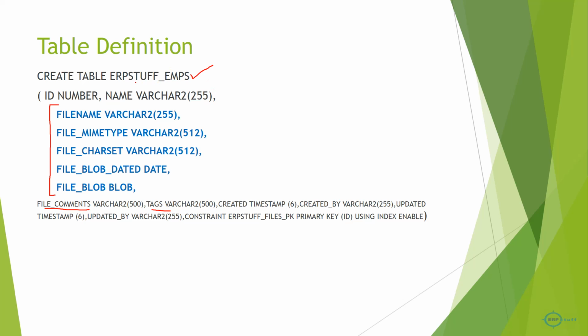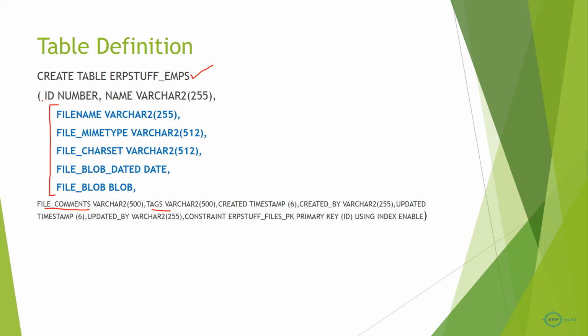Since it's a single file attached to the employee, you will keep these file upload columns inside your employee table itself. You got it? You will not create a separate table, since it's just a single file, and you will keep it in the same table where you are keeping the employee's information.